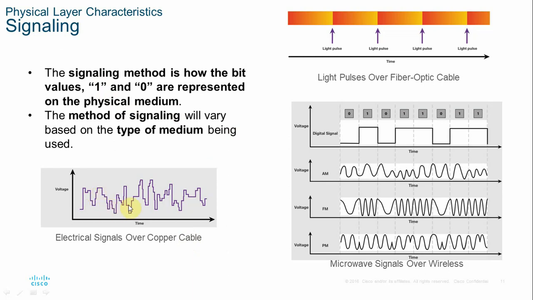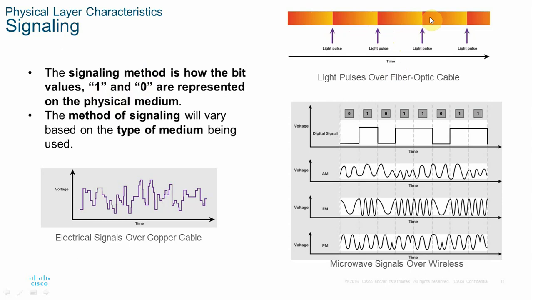If I am using fiber optic cable, information is sent as light. So if it is 1, the light is on, LED on. 0 means light off. 1 means again light on, 0 means off. This is fiber optic cable.